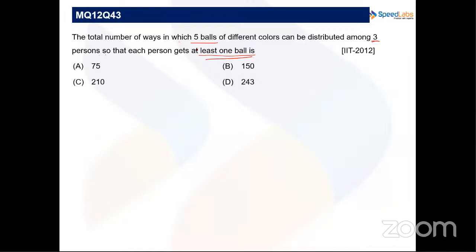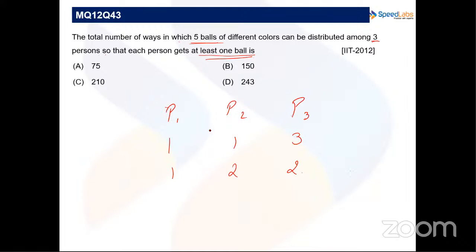So let's say we are having 3 persons, P1, P2, P3. We are having 5 different colors balls. Because each one is getting at least one, if he's getting one, then how many balls do we have to give the others? 3. If he is having one, he is having 2 and he is having 2, then also 5 are distributed. We can arrange this distribution and we can arrange this distribution also.